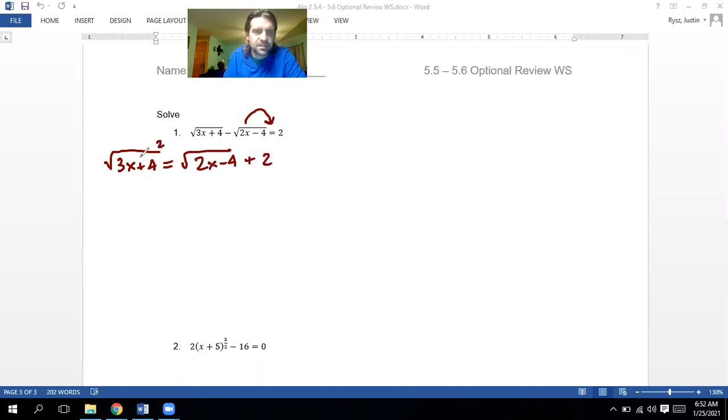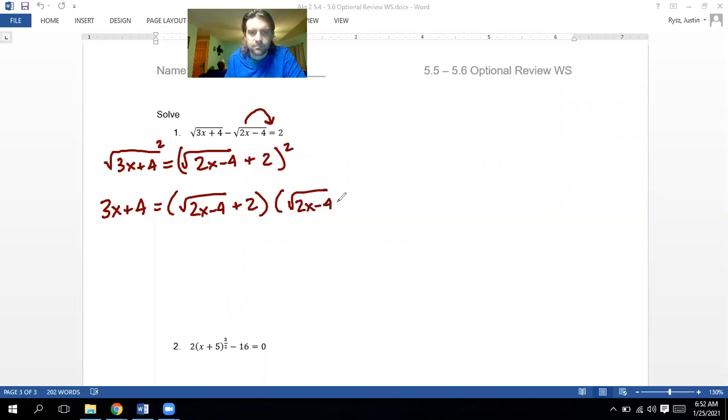All right, we need to square to get rid of this radical, meaning we need to square this side. And so we actually have to write out the radical 2x minus 4 plus 2 twice when we square it. All right, so we got our 3x plus 4 is equal to, okay, if we square this, radical 2x minus 4 times radical 2x minus 4 is a 2x minus 4.